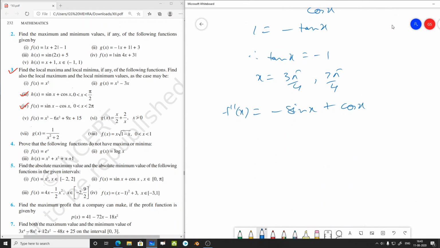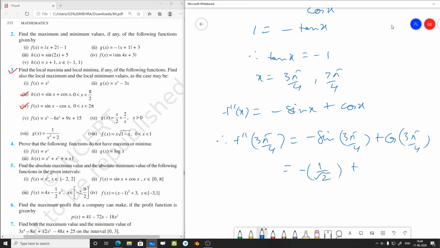Let us put in the values 3π/4 and 7π/4. First we put 3π/4. Therefore f''(3π/4) = −sin(3π/4) + cos(3π/4). In the second quadrant sin is positive, so sin(3π/4) is 1/√2, and cos is negative, so cos(3π/4) is −1/√2.